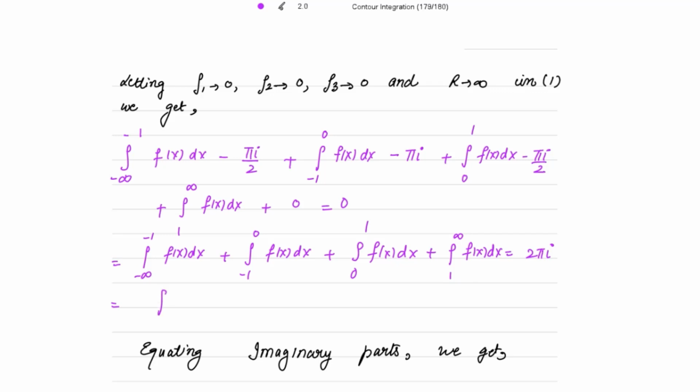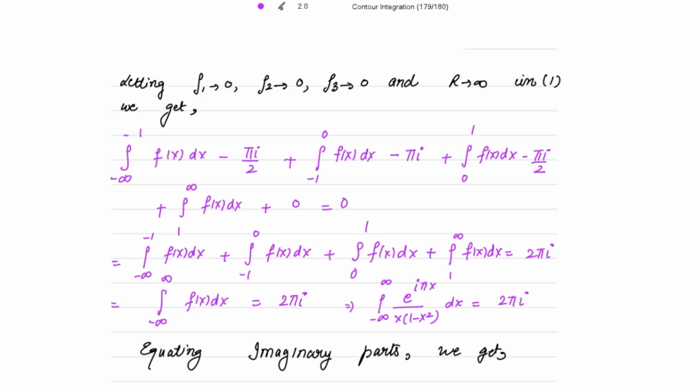So I am merging all these four integrals from minus infinity to plus infinity. F of x dx is equal to 2 pi iota. Putting the value of f of x, I get the integral from minus infinity to infinity of e to the power iota pi x over x into 1 minus x square dx is equal to 2 pi iota.